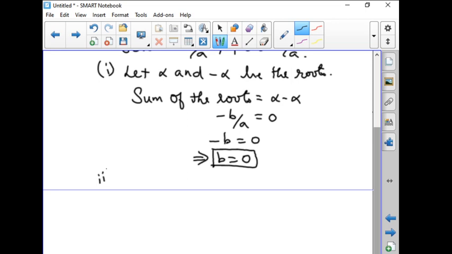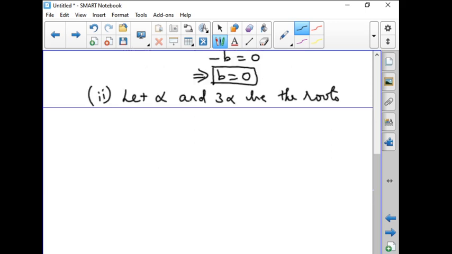Next one, thrice the other. So let alpha be one root and 3 alpha be the other root. So alpha and 3 alpha are the roots. Here what is the sum of the roots?